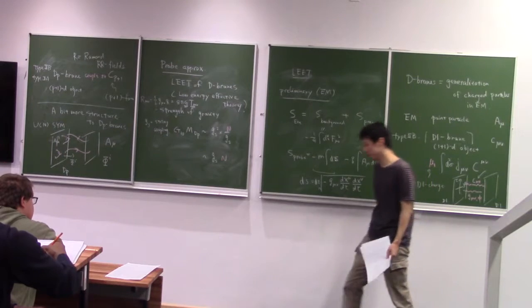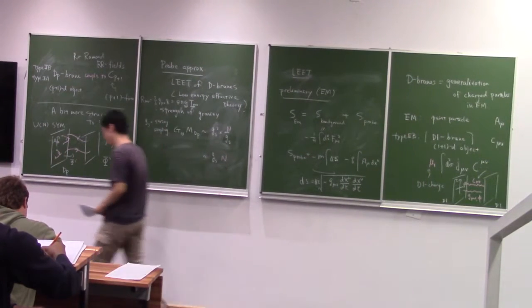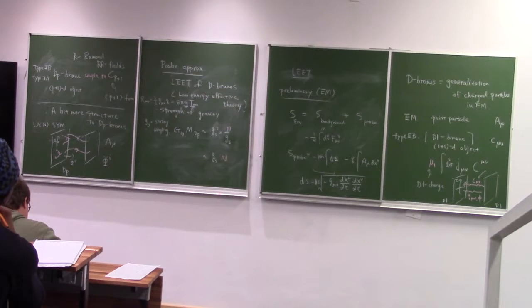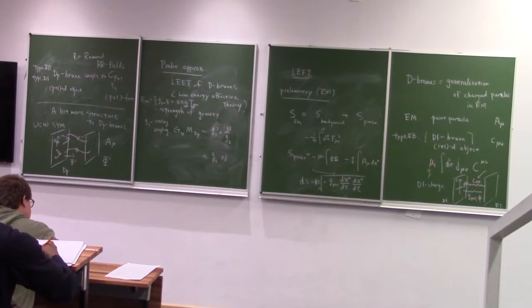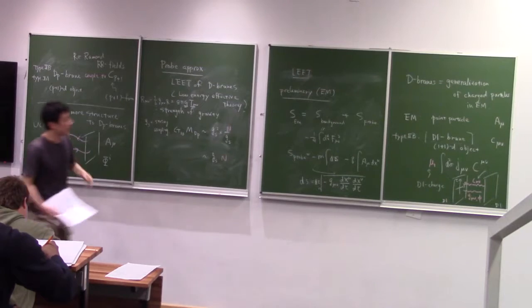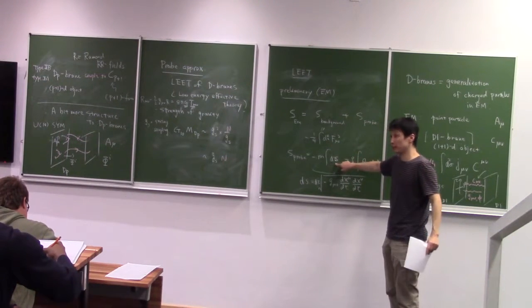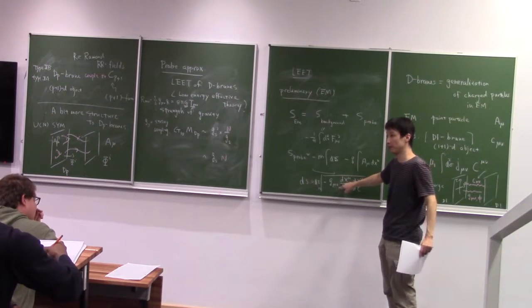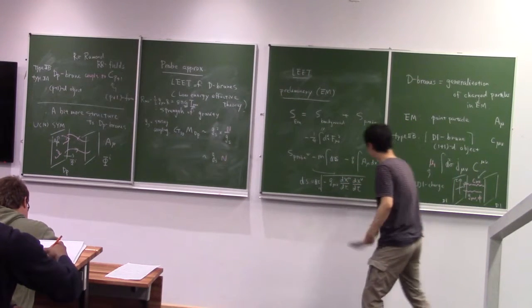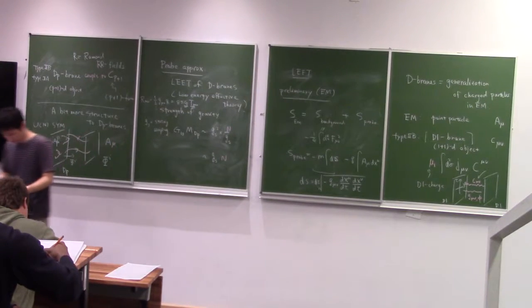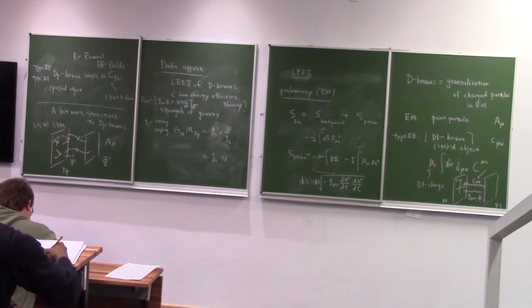If you want to find, for example, the geodesic in space-time, yes, the relativistic particle has this action. So it has these two parts.